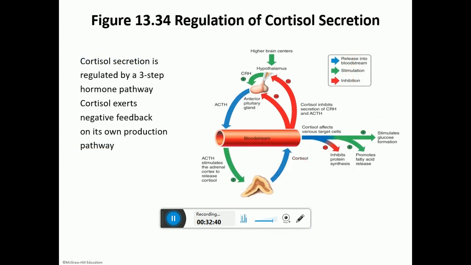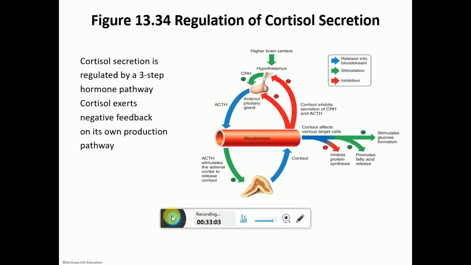Regulation of cortisol secretion. The hypothalamus is regulated by higher brain centers. For example, if we're stressed, the stress part of the brain is going to send signals to the hypothalamus to make more CRH. CRH reaches the anterior pituitary, stimulating it to make ACTH.